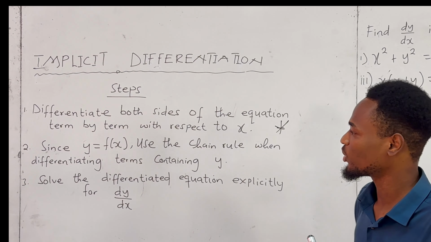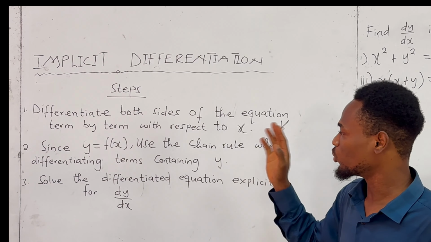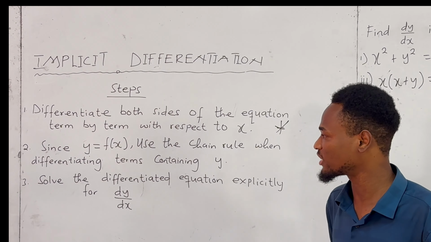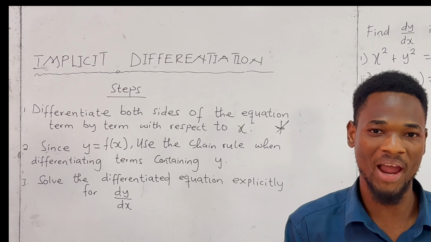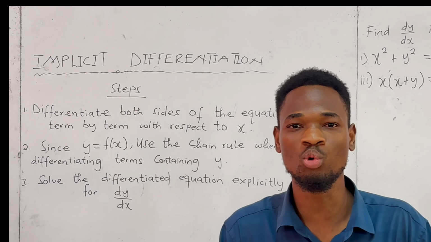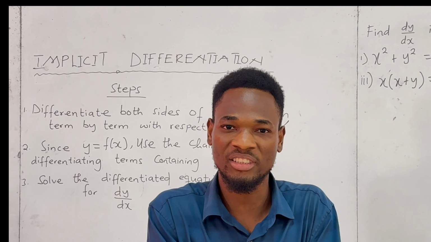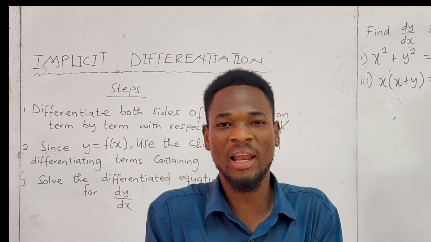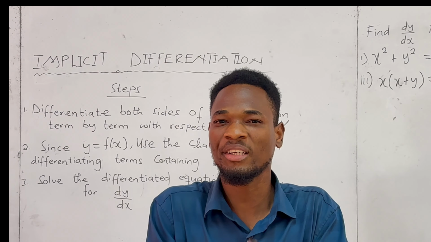Now secondly, since y is equal to f of x, use the chain rule to differentiate, especially terms containing y. Remember when we were trying to prove some of the trigonometry functions, you realize that we got to some aspects where we were supposed to apply implicit differentiation.